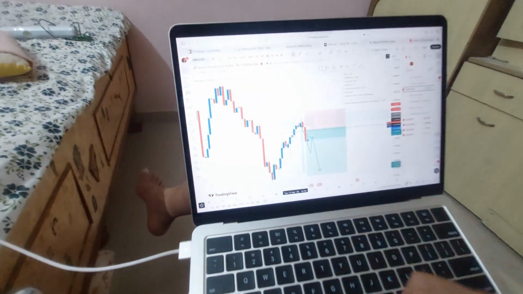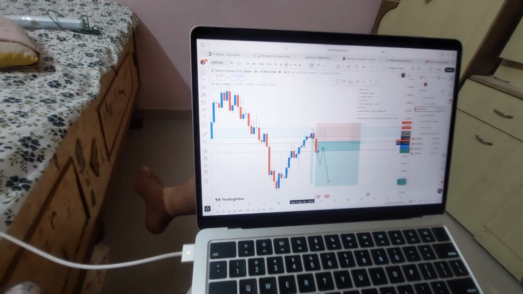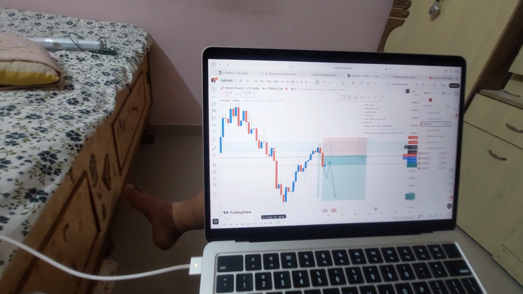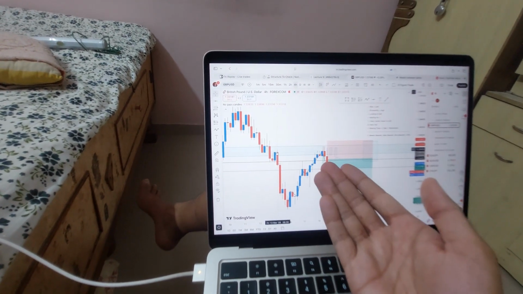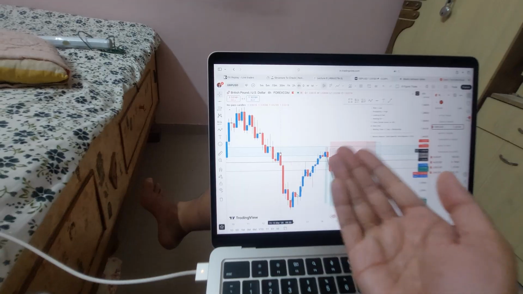This 4 hour, for no reason, got bullish. Which, as per the data, when the 4 hour gets bullish on the area of interest, it tends to continue in the wrong direction rather than the right direction.